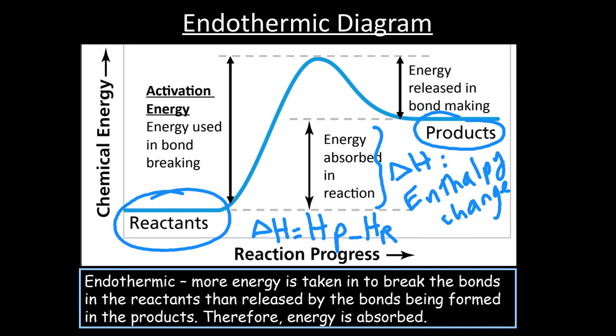Since the amount of energy for the product is here, and for the reactant is here, H of product is more than H of reactant, so delta H is positive. So in an endothermic reaction, delta H is more than 0.